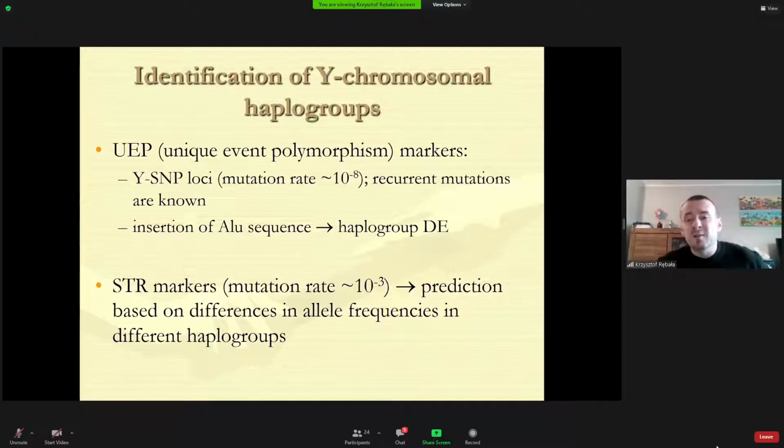And also in case of the Y chromosome, we can predict the haplogroup based on the variation of STR markers, which are analyzed routinely in forensic genetics. These markers are assumed to have a mutation rate of approximately 10 to the power of -8. So we can predict the haplogroup based on differences in allele frequencies in different haplogroups.